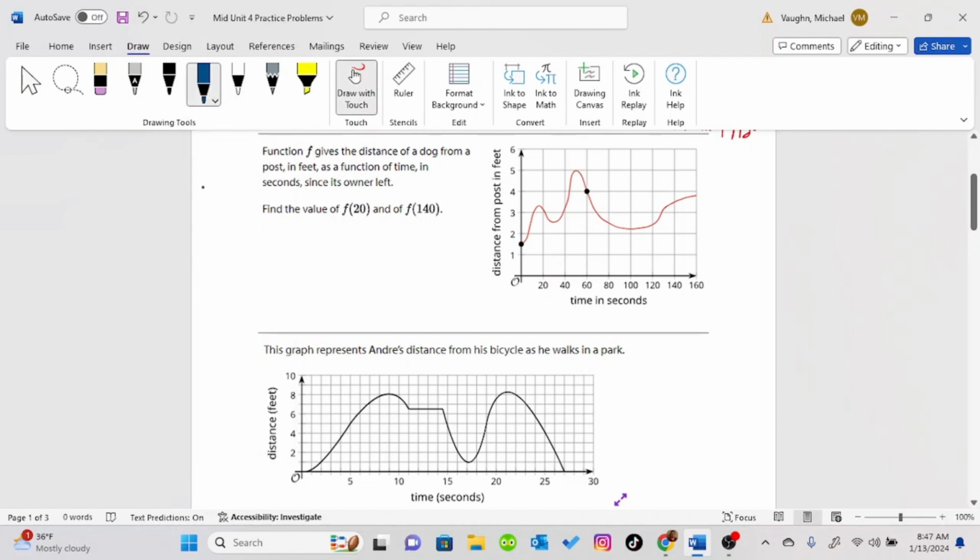So our next question, function f gives, again, we have the keyword gives. The next thing will always be the output. So function f gives the distance of a dog from a post in feet. This is the output.